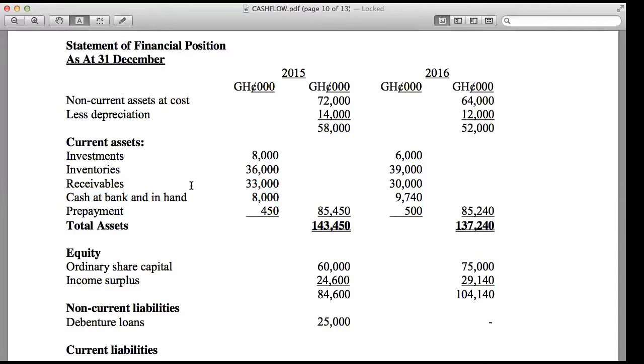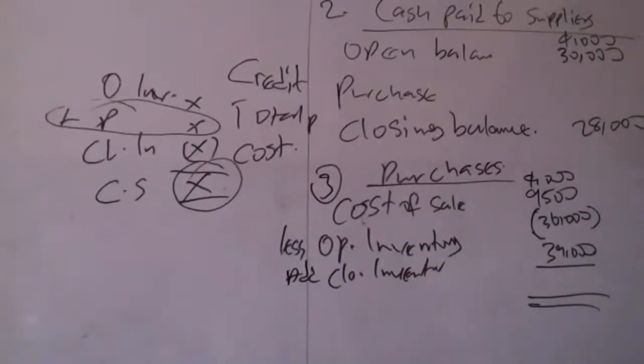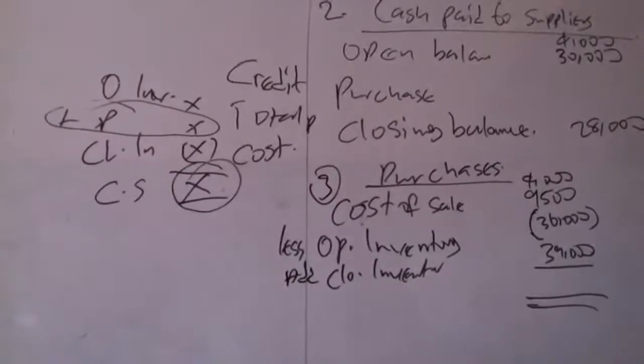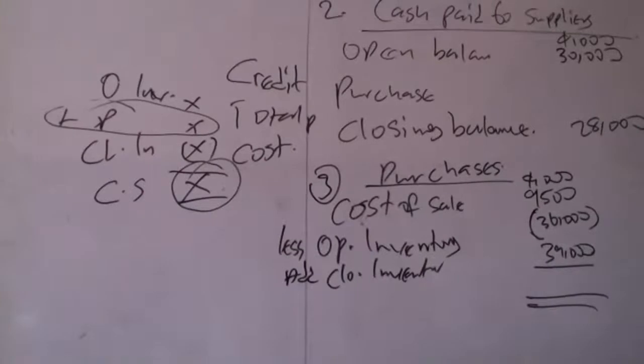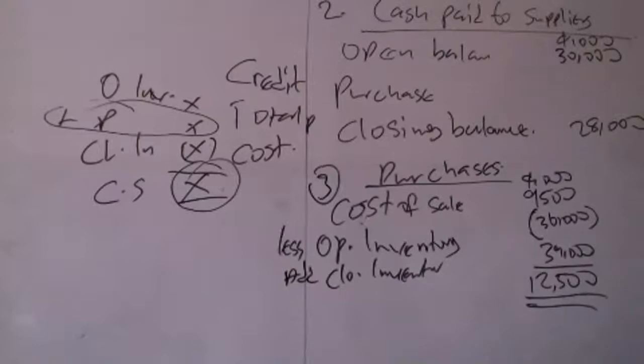So there's a movement of 3,000. Good. So what's the final answer? So the inventory is 36 against 39. So 3,000, right? So that's 12,500. Good. So the final answer is 12,500. Is that right? Kindly confirm for me.